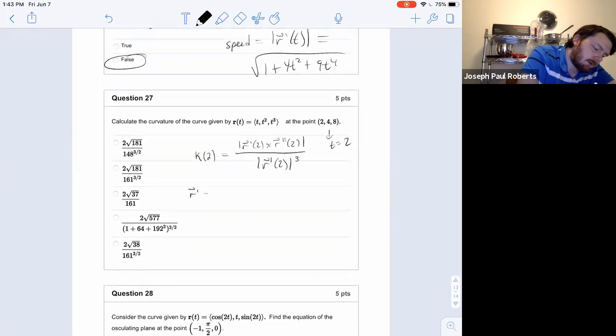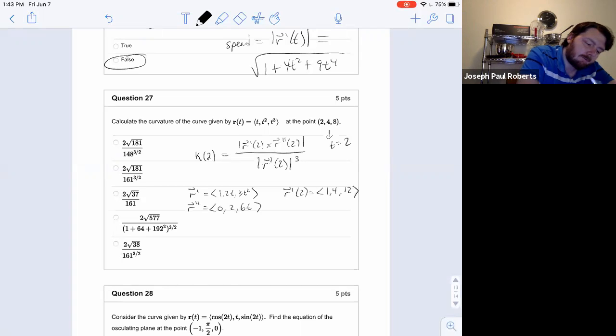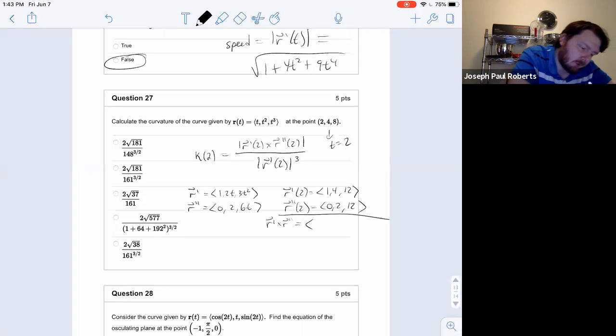So that's our curvature formula. So what? R prime is 1, 2t, 3t squared. R double prime is 0, 2, 6t. R prime at 2 is 1, 4, 12. R double prime of 2 is 0, 2, 12. This cross product is what? 48 minus 24 is 24. 0 minus 12 is negative 12. And then 2, which I'll write as twice times 12 minus 6, 1.